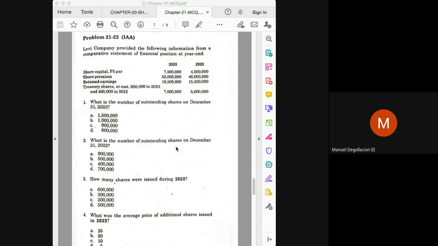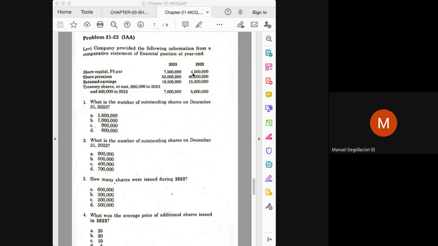What is the number of outstanding shares on December 31, 2022? Okay. We can compute for this. If we're looking for outstanding shares, again, it is simply your issued minus treasury shares.